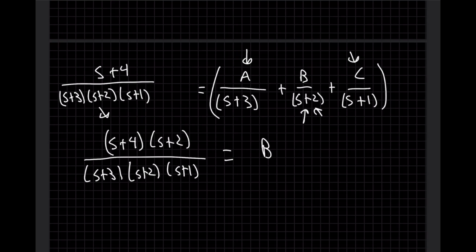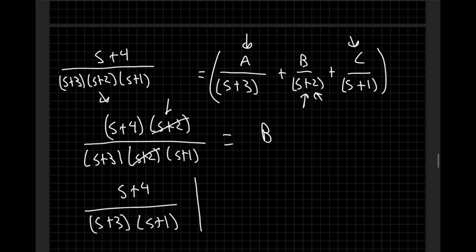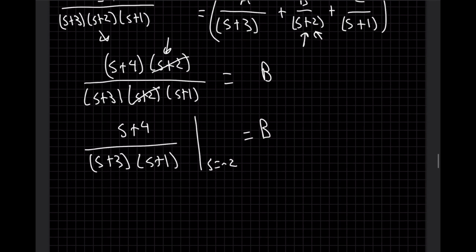We have these two cross out, and we have s plus 4 over s plus 3 and s plus 1. Again, we have to evaluate at the root. When is this equal to 0? That's s equals -2. So that's equal to B. What about C?